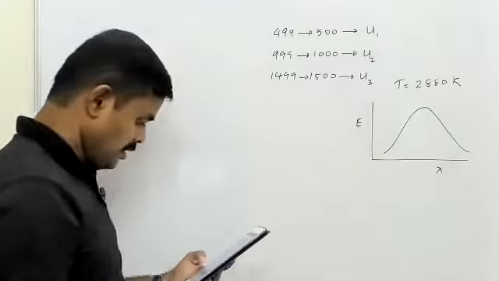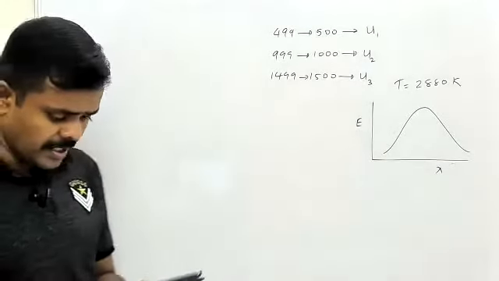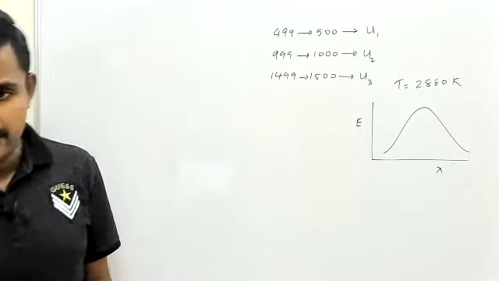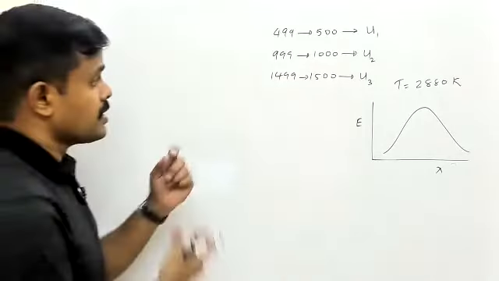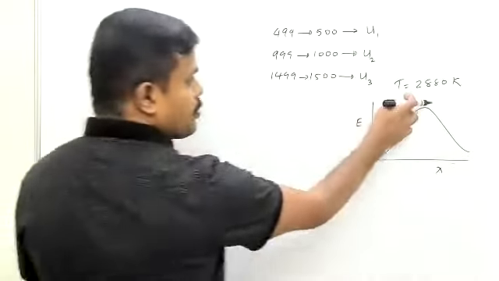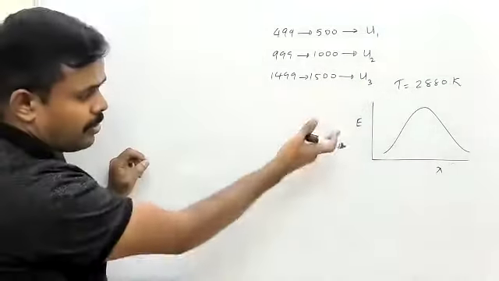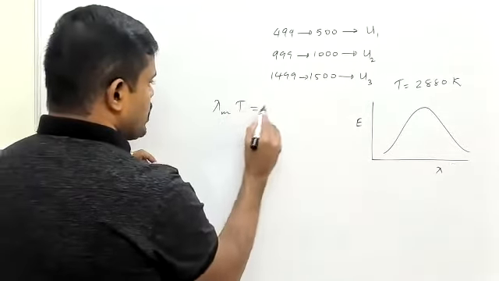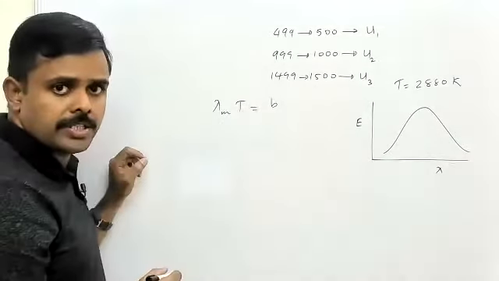Okay, then Wien's constant is given. I'll tell you what, look at this. I've been given temperature here, and it's about lambda. So I can use what? Wien's displacement law. Lambda m into T is equal to constant.